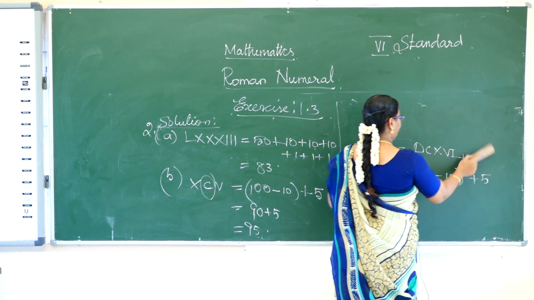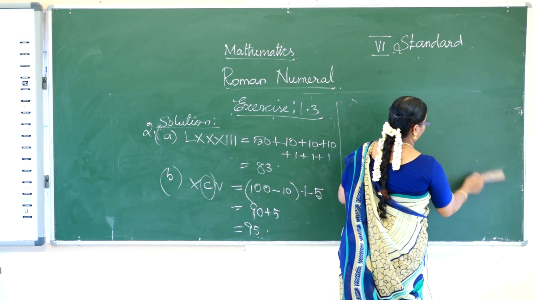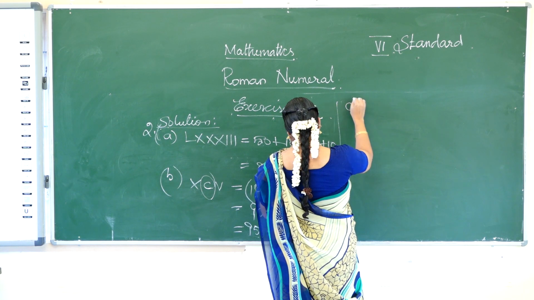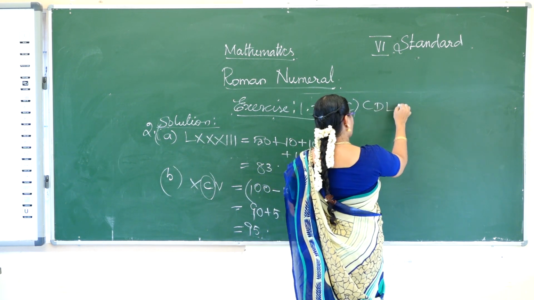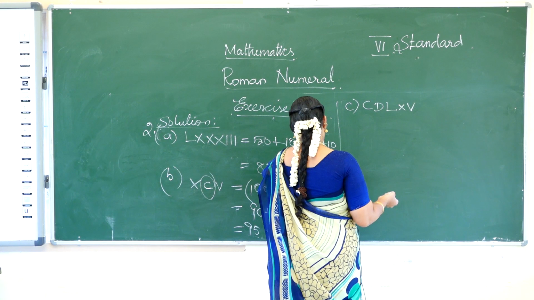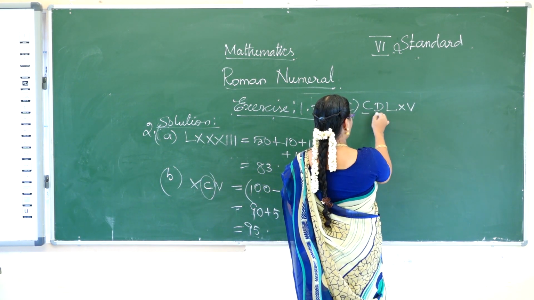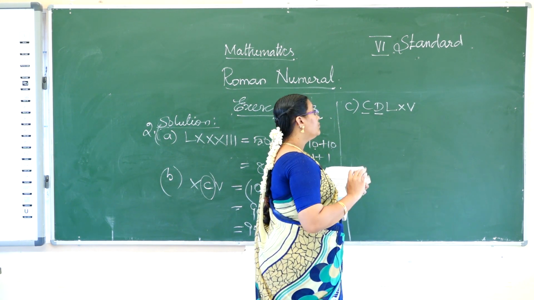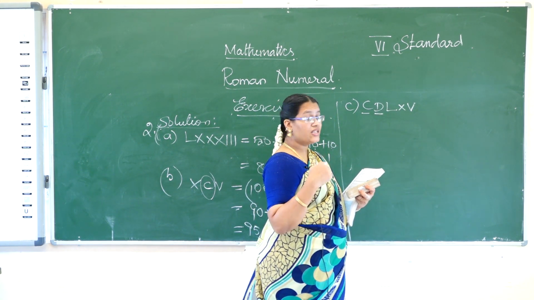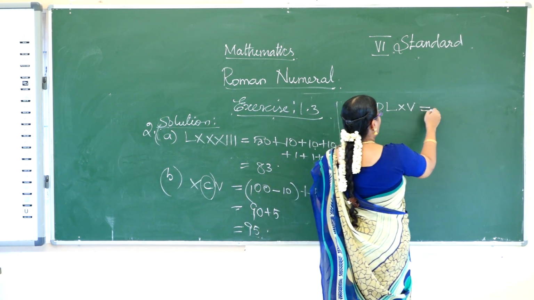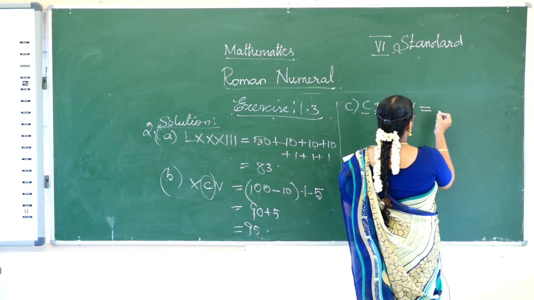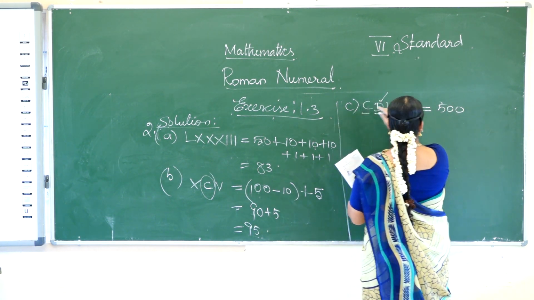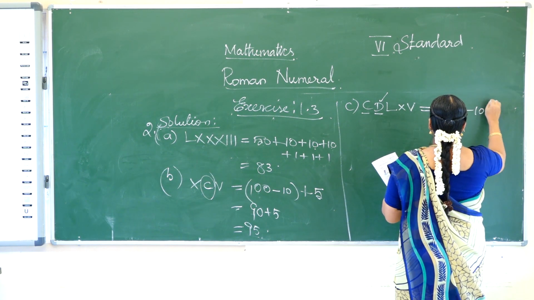And the next problem, C D L X V. C is centum, D is 500. Here the greater value comes after the smaller value, so in this place we have to subtract. First value 500 minus 100, C value is 100.